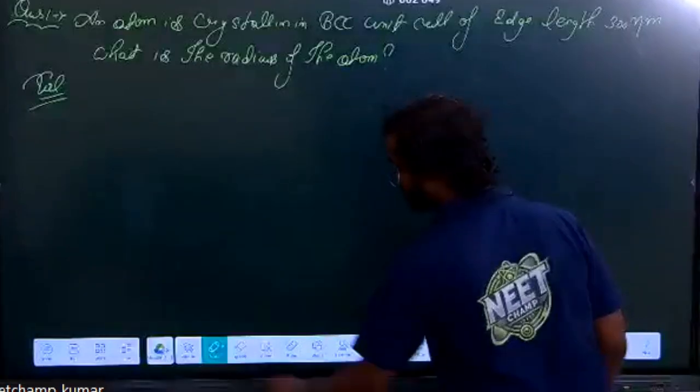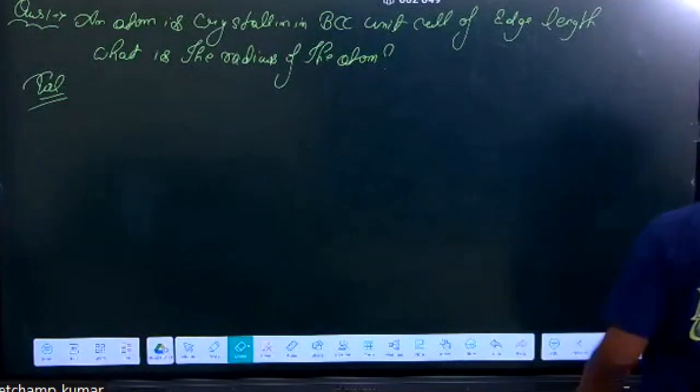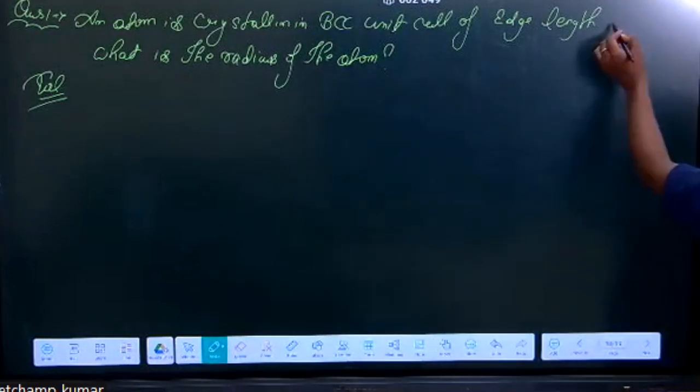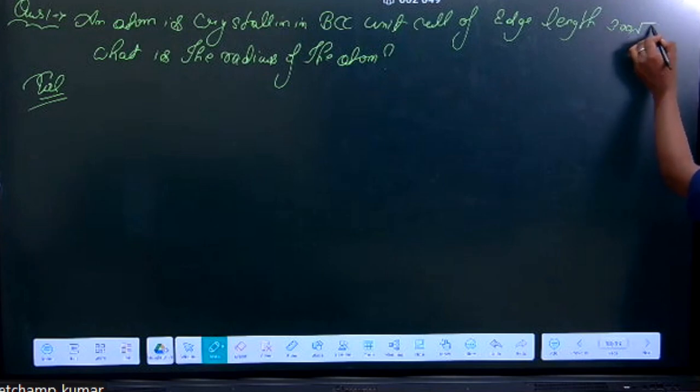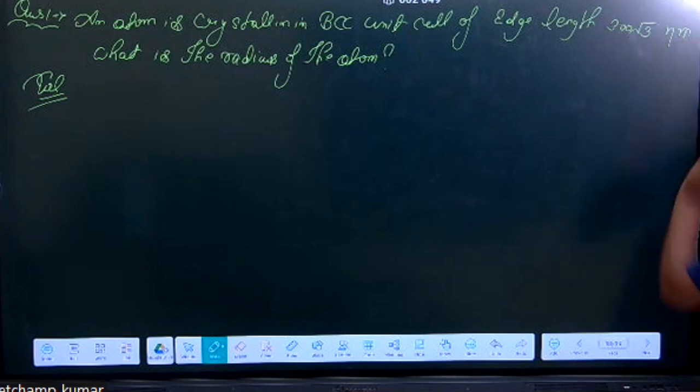Or let us make it slightly easier, the calculation will be tougher otherwise. 300 root 3 nanometer. Okay.